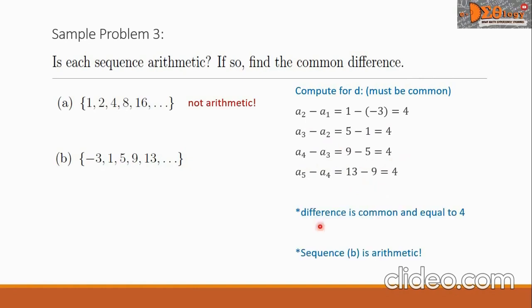We can see that the difference is common and equal to 4. So sequence B is arithmetic. Let us write our answer opposite B, and that is arithmetic, and the common difference is 4.